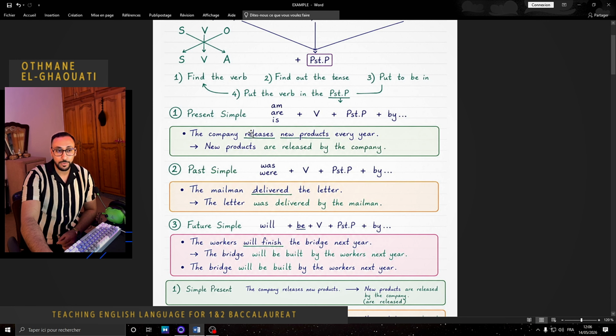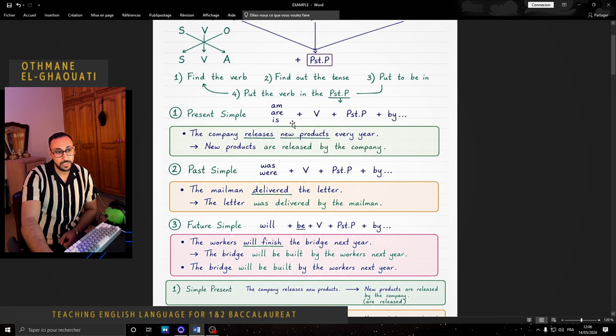The verb is in present simple, so we need the to be in present simple, which is are, because we have products, which is plural. Products are, and then the verb that was in the present simple is transformed into the past participle, and then comes the agent: we add by and write the subject which was in the active form, the company. So new products are released by the company.